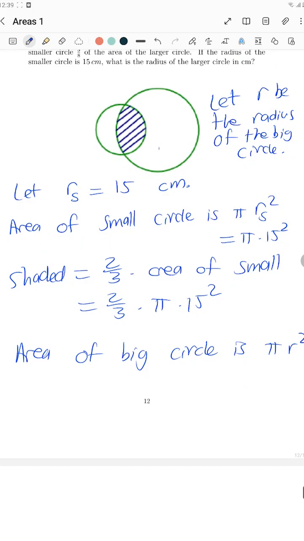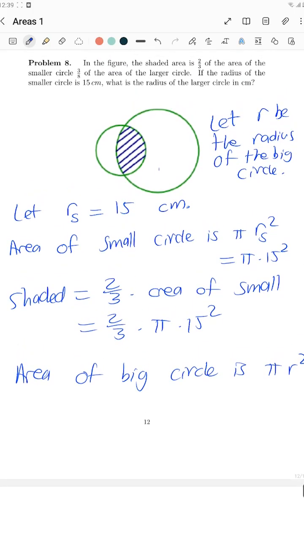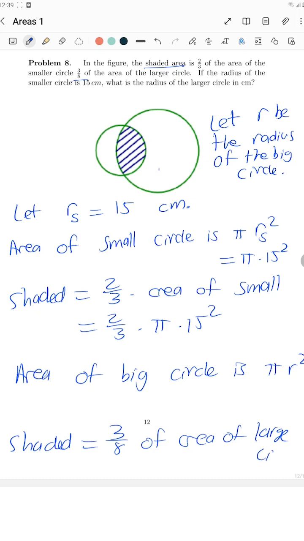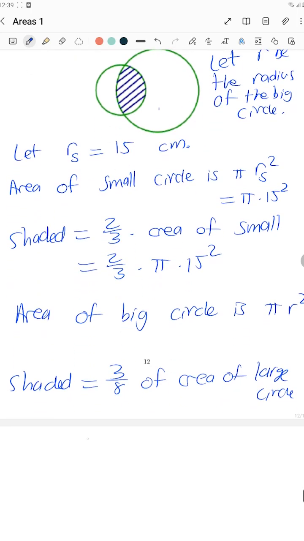And so again, knowing that the shaded area is 3/8 of the largest circle, then we can say that the shaded is 3/8 of the area of the large circle. What we have is then 3/8 times pi radius squared.